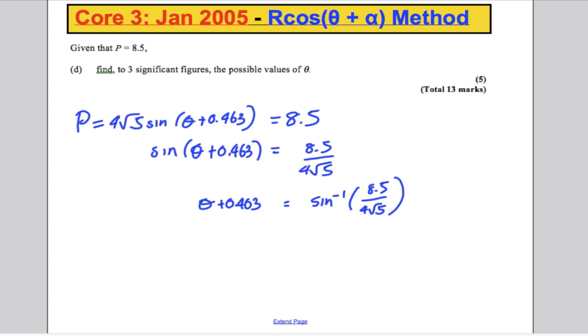Keeping the calculator in radians mode, so therefore theta plus 0.463 would be equal to 1.254.